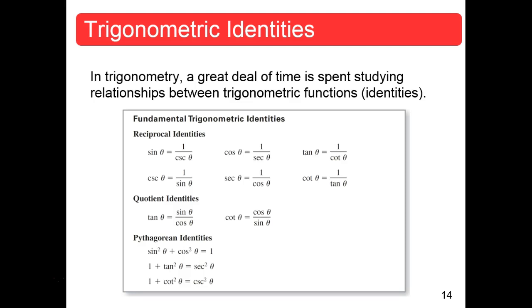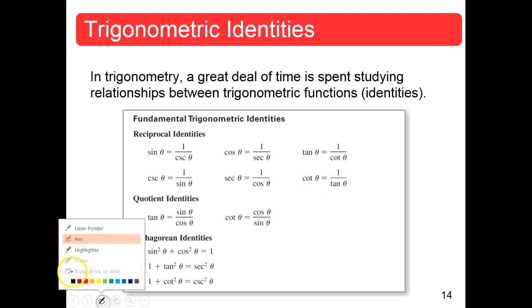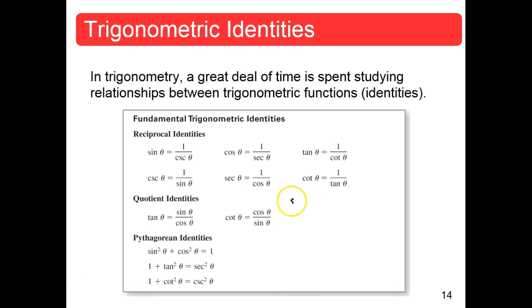So let's take that first one. Sine squared theta plus cosine squared theta is equal to 1. Everybody agrees. That's easy. Always remember that. For any given angle theta, this is always, always, always true. That's what makes it an identity.